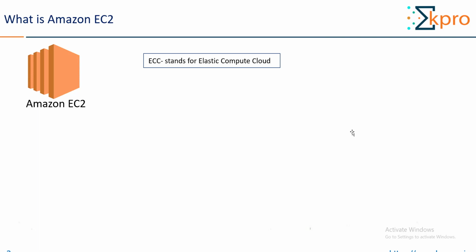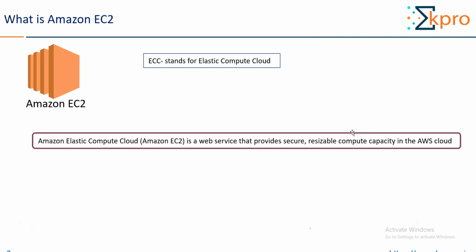It requires a computation type, like which kind of server you require, and then what kind of storage you are going to attach with this EC2 instance. All this will go into detail here. So EC2, Elastic Compute Cloud, is a web service that provides secure, resizable compute capacity in the AWS cloud.